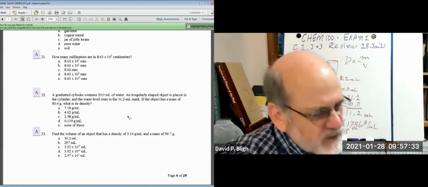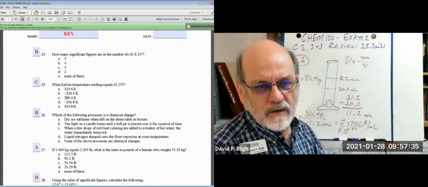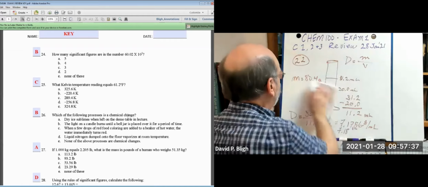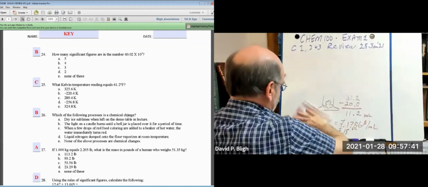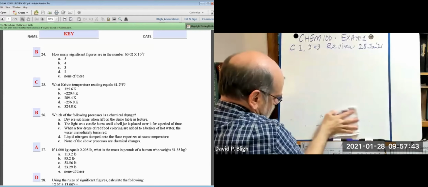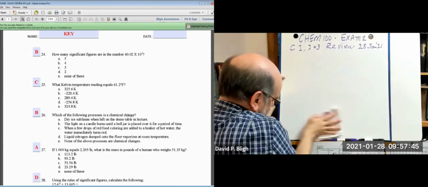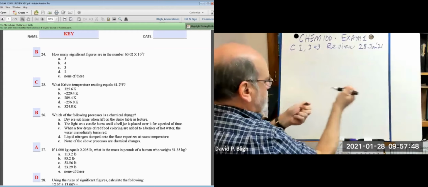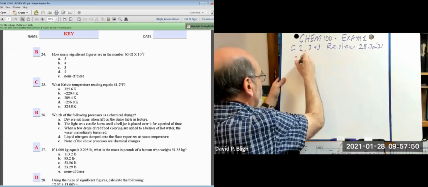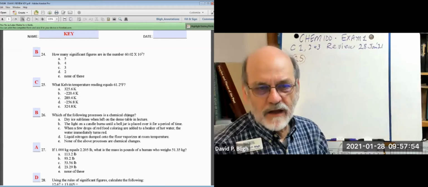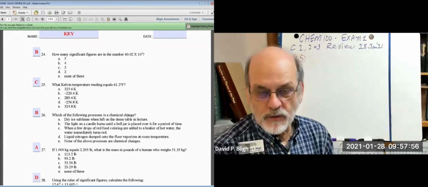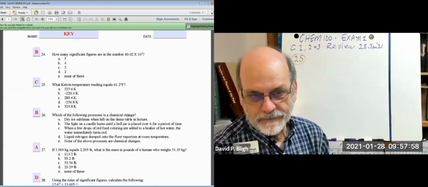All right, next one I want is 25. Here we go. Okay, what Kelvin temperature reading equals 61.2 degrees Fahrenheit?